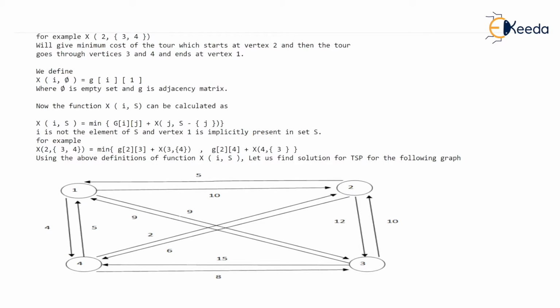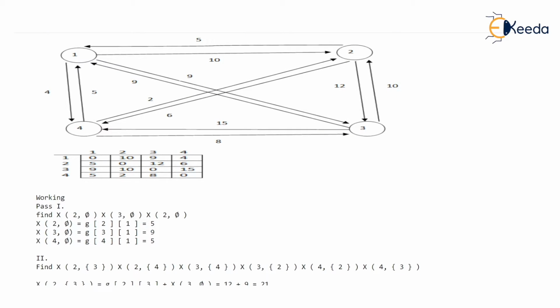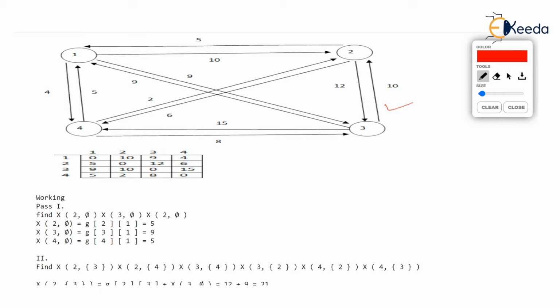Here we go. We have represented the graph. Again, we have a complete weighted directed graph. It is represented by adjacency matrix G with the weights shown. Now let's see how you solve it. In pass 1 of the dynamic approach, we find 3 values. Just check the values we find: X(2, null set), similarly X(3, null set) and X(4, null set).